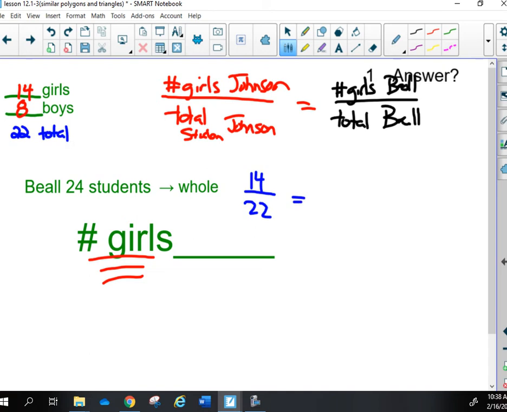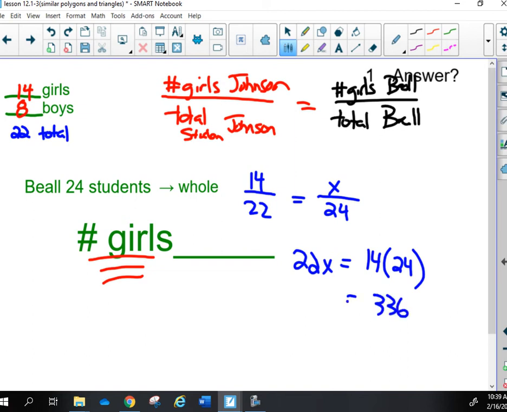And if Beal has 24 students in his class, I want to know X number of girls. So I cross multiply: 24 times 14 is 336. Divide by 22.